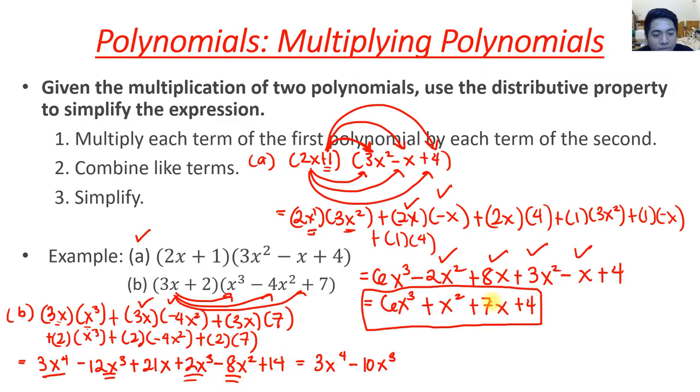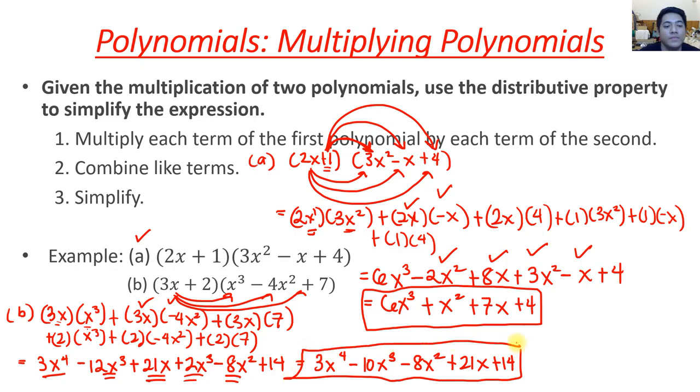We don't have any other squared, so we copy negative 8x squared. And for x, we don't have any other, so copy 21x. And for constant, we only have 14, so you copy plus 14. So this will be your final answer in multiplying 3x plus 2 and x cubed minus 4x squared plus 7.